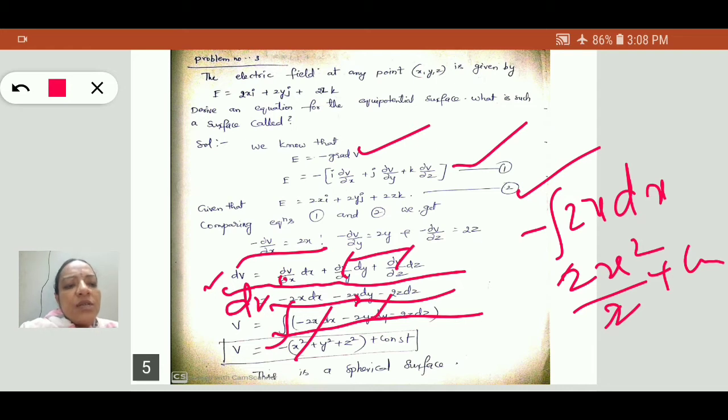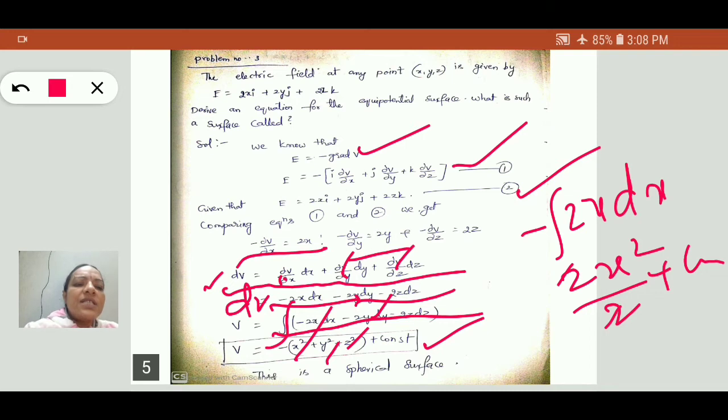Similarly for the second term, minus y squared, minus z squared, plus constant. By taking the minus as common, we get minus of (x squared plus y squared plus z squared) plus constant. So this is the potential function.